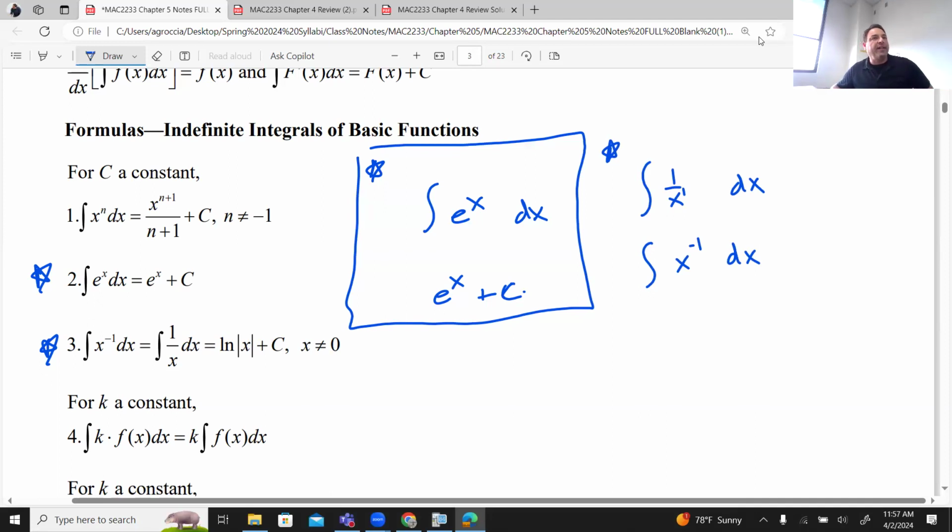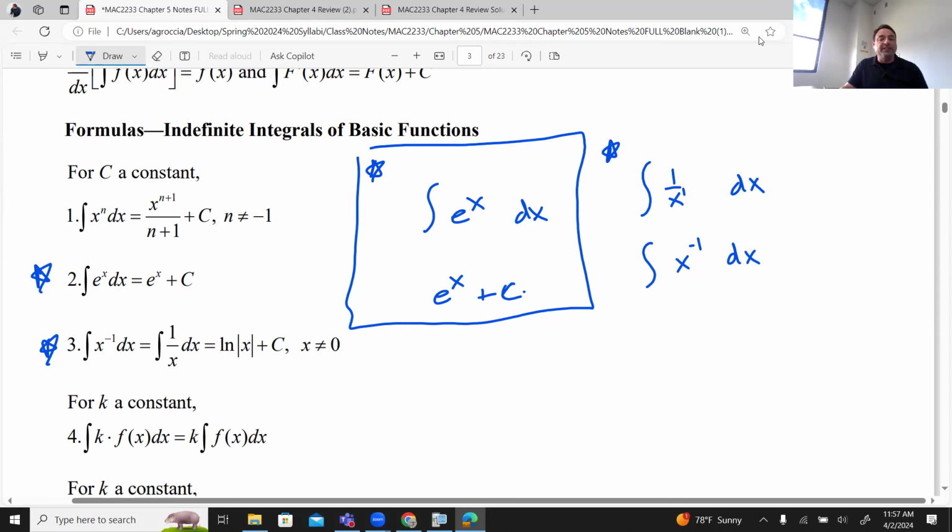You could see it as 1 over x, or you can see it as x to the negative 1. You tell me, why is that a special case? Go through the process. Perfect. If you add 1, you get 0, and that's actually not the problem. It's the second part. What are you going to do to that 0? Divide by 0. Can you divide by 0? No. So that's a special case.